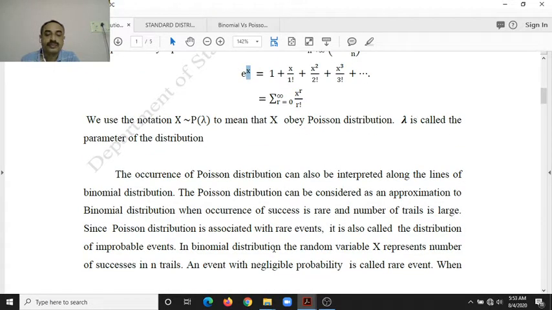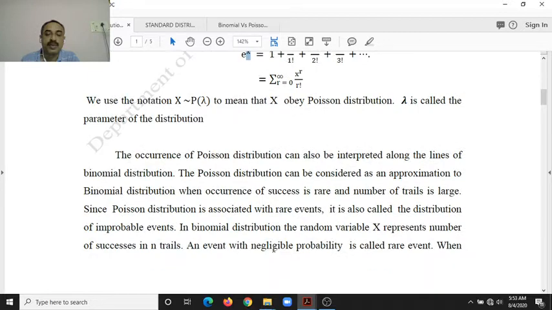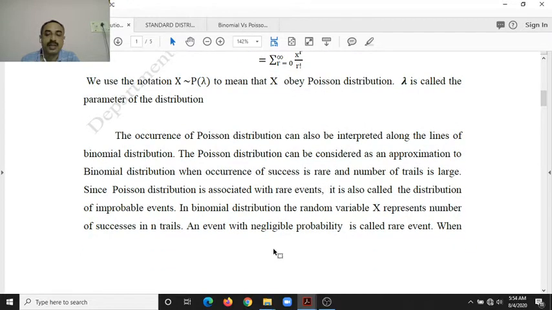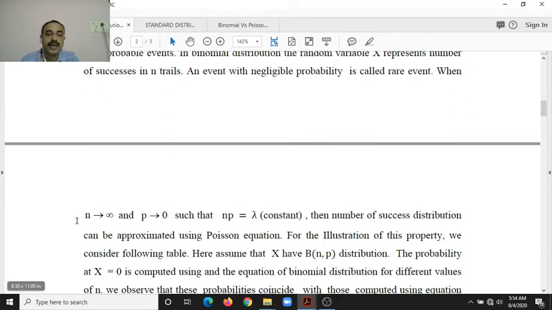Therefore, an event with a negligible probability is called a rare event, and when n tends to infinity and p tends to 0 such that np equals lambda, n tending to infinity means the situation where the number of trials is large, and p tending to 0 is the situation of a rare event. Then we consider the product of n and p as the constant lambda.